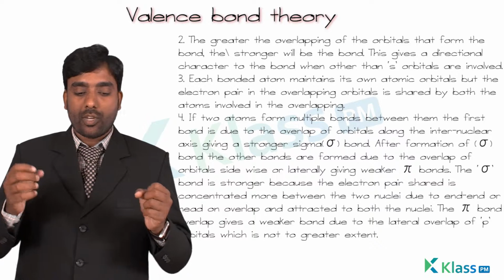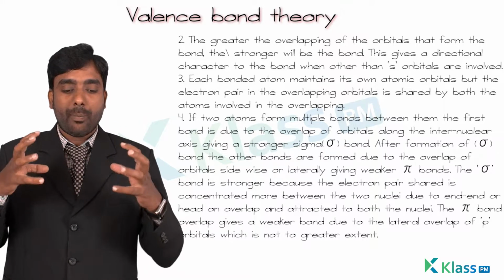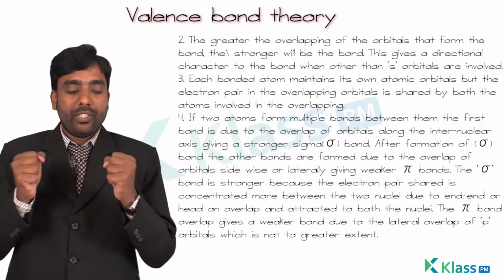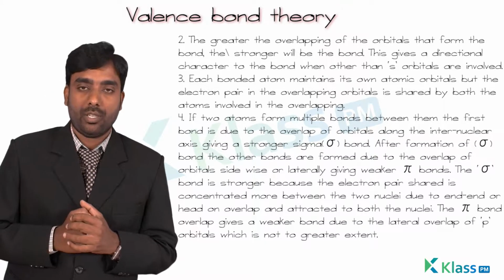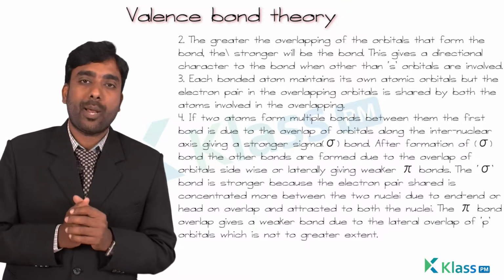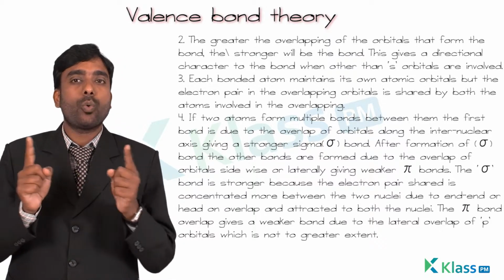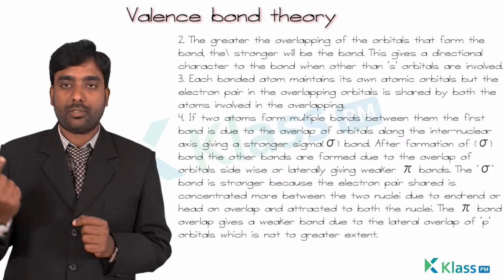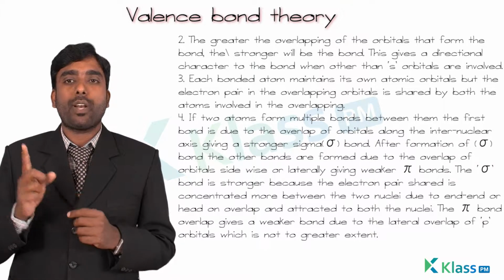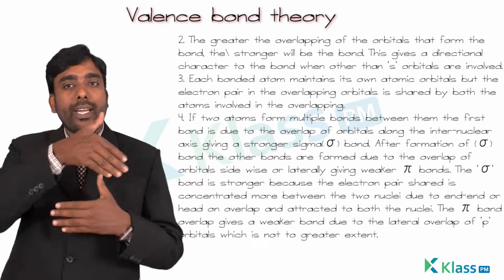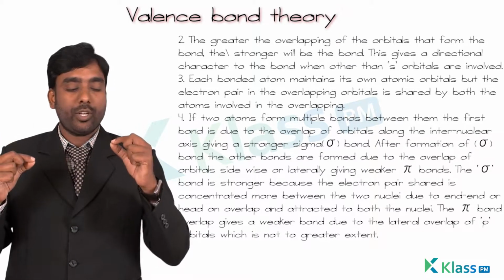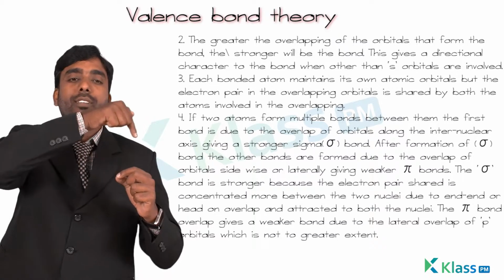Okay, so for example, this is one atom. Imagine this is one atom and this is another atom. When these two are approaching each other, two kinds of overlaps are possible. That is end-to-end overlap. This happens through the internuclear axis. The end-to-end overlap always happens along the internuclear axis. For example, here one nucleus, here one nucleus, and through the nuclei there is an axis.